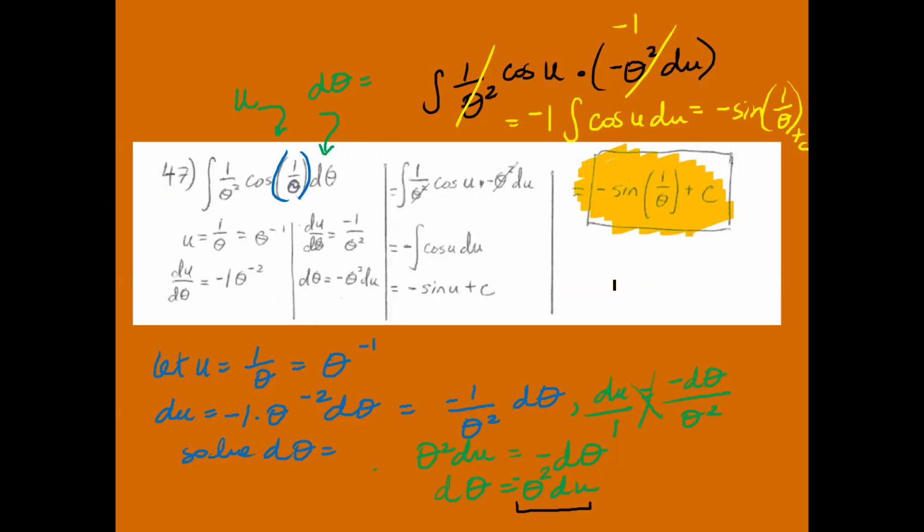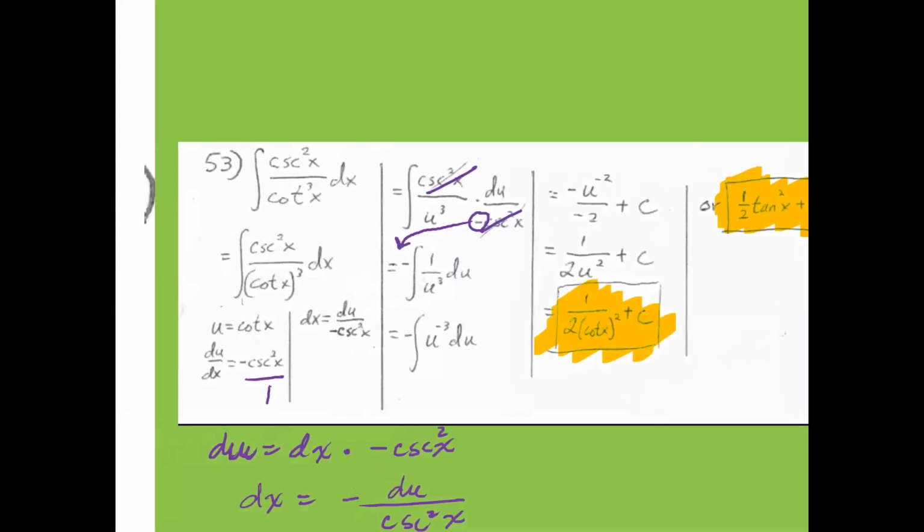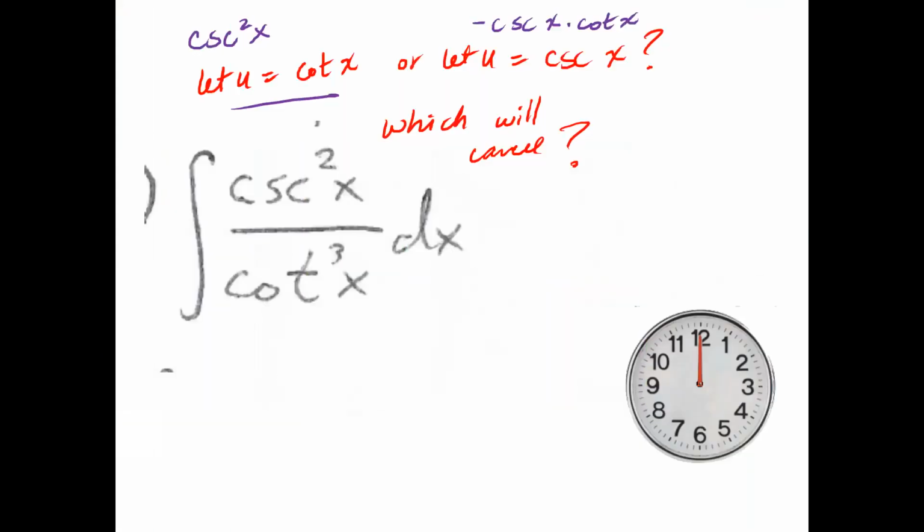Okay, let's go on to the next one. So for this one, it's one of those situations where, do I let u be cosecant or do I let u be cotangent? I mean, you really don't know, so you kind of have to just pick one and try it out to see if it works or not.